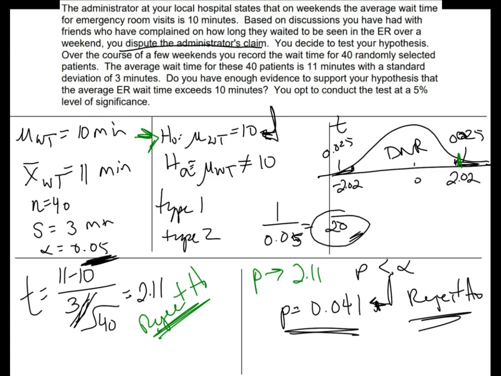It's basically 1 out of 20, right? If you did 20 random samples, and again, that's if this hospital administrator was correct, then 1 out of 20 of those would have a statistic where you'd be committing a type 1 error, right?